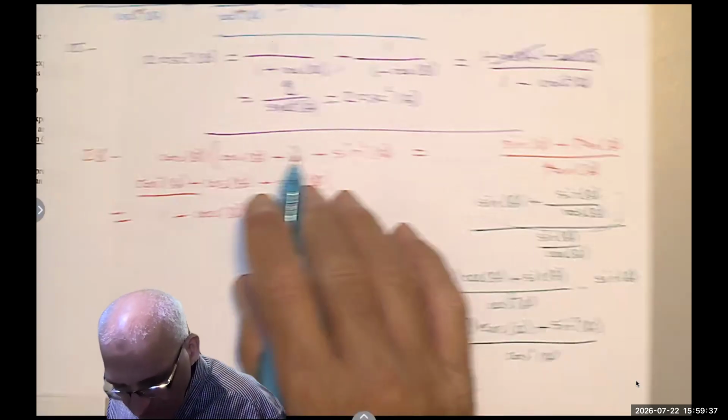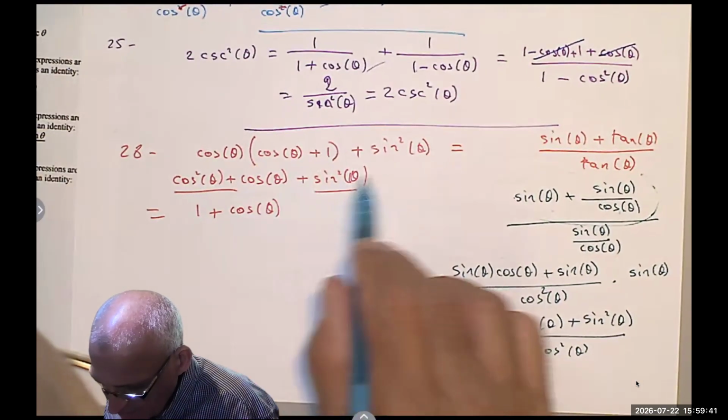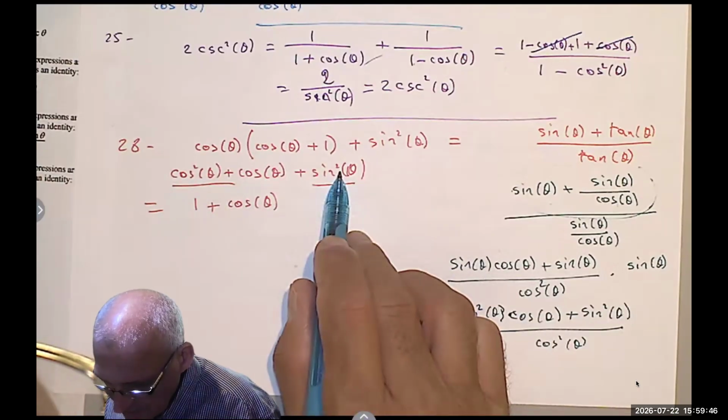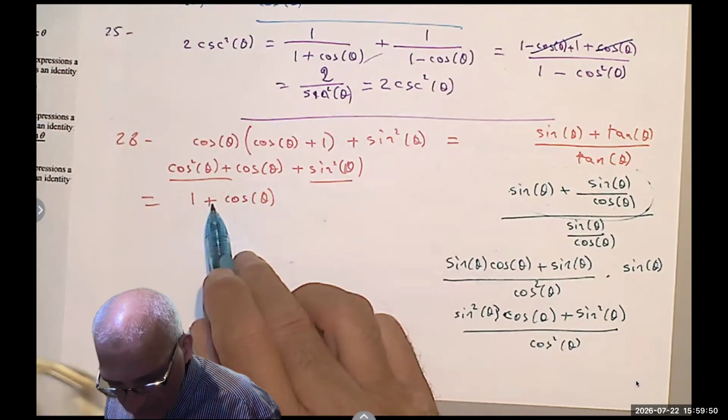Let me go back to this one. Cos square plus cos plus sine square. These two add up to 1, and this is cos.